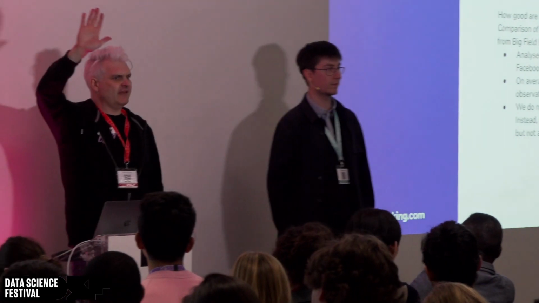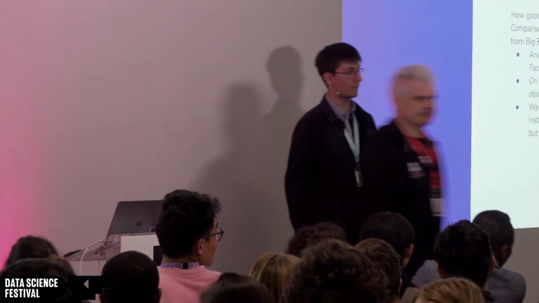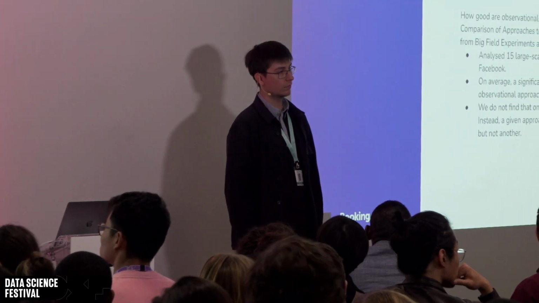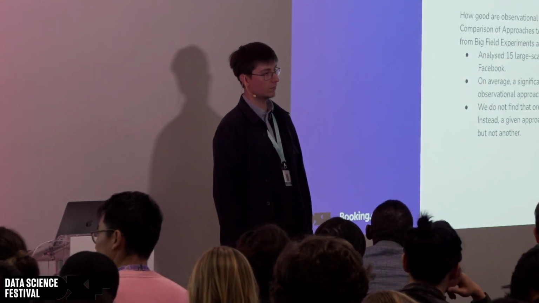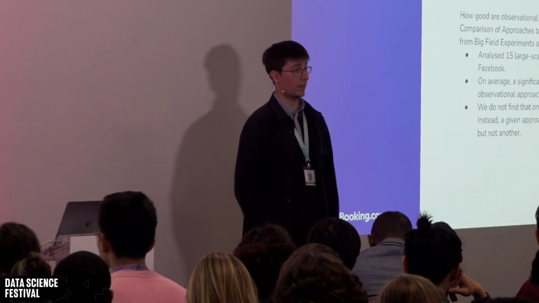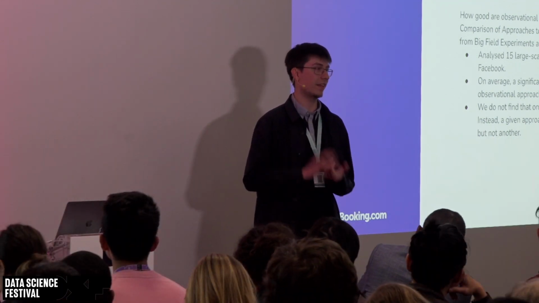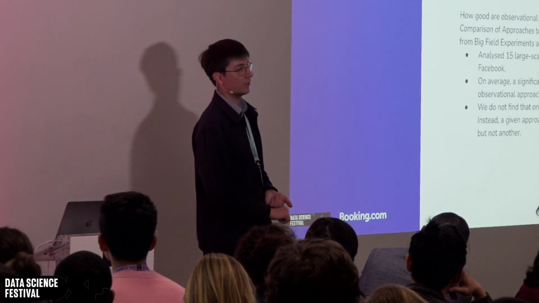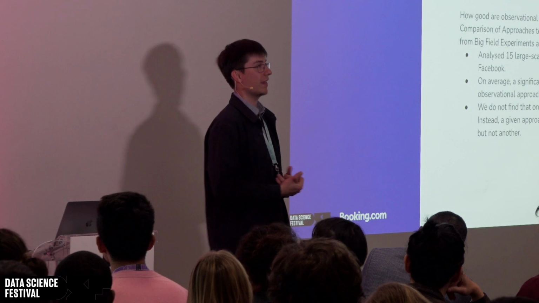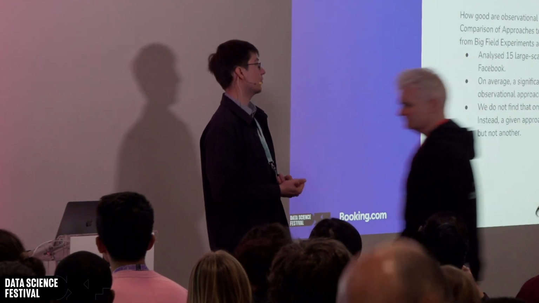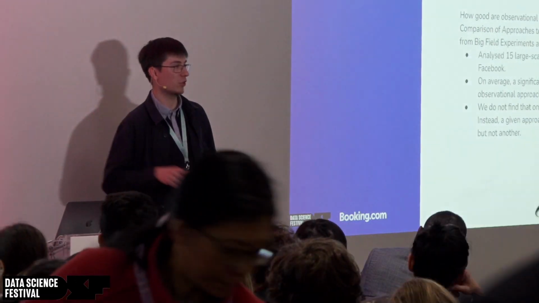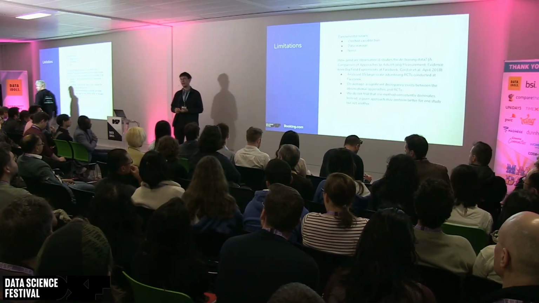Thanks, great talk. Just wondering if there are any other techniques you've used other than RDD and PSM, for example double machine learning or doubly robust estimations? I used difference in differences and synthetic control instead of RDD, and instead of PSM we used IPW as well, but this is just a modification of propensity score matching.